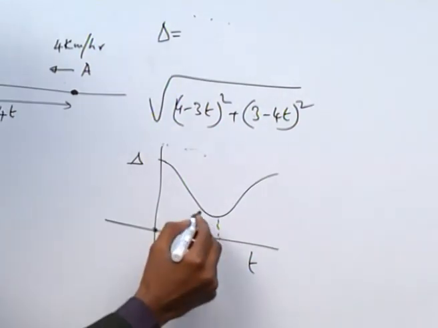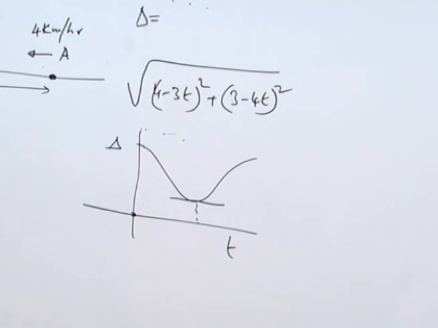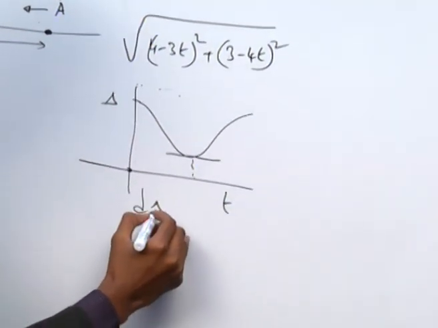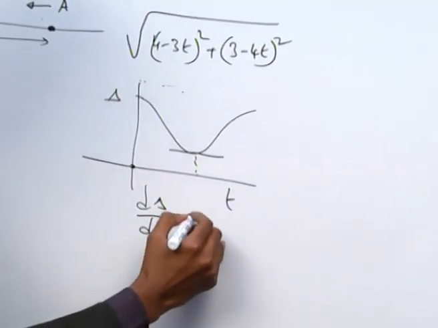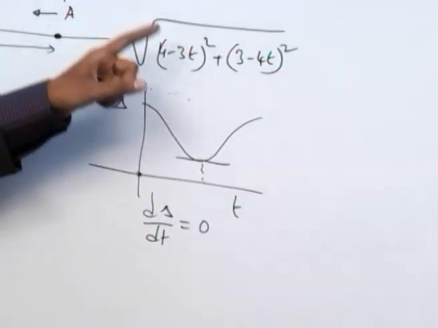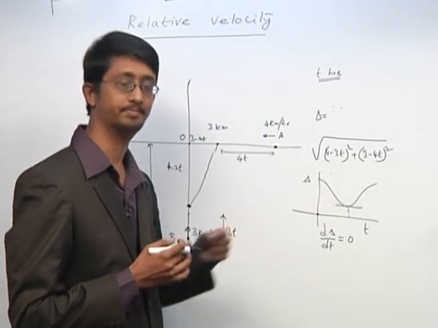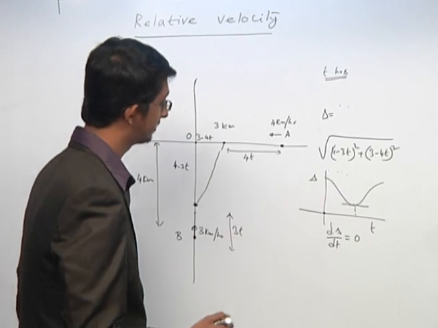At that moment, if you draw a tangent, the slope of the tangent will be 0. In other words, the derivative of delta with respect to time has to be 0 at that moment. So, I have to differentiate delta with respect to time and equate it to 0. This will give me the time at which the separation is minimum. So, let us do that.